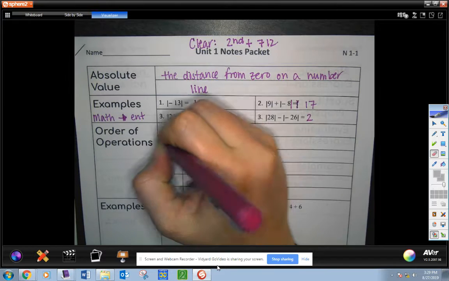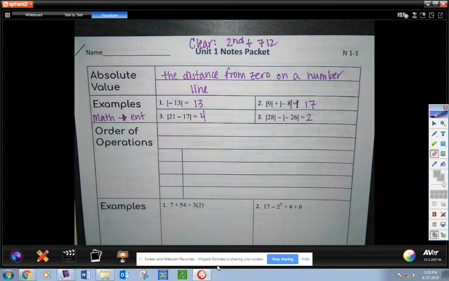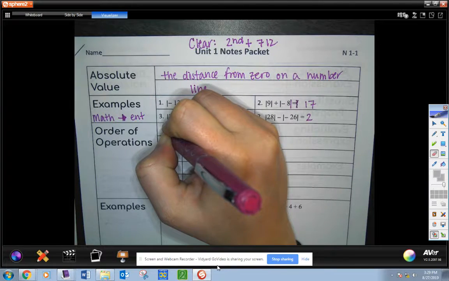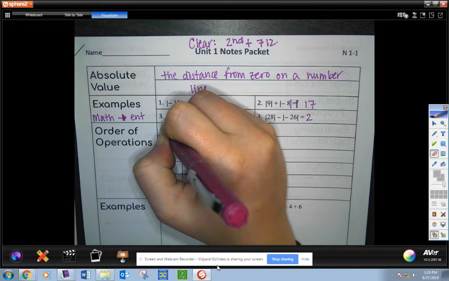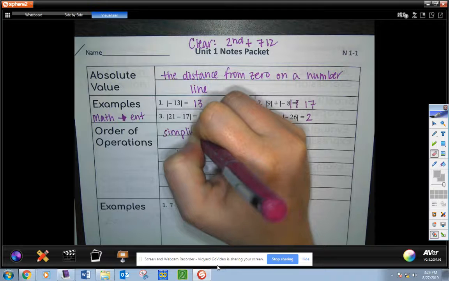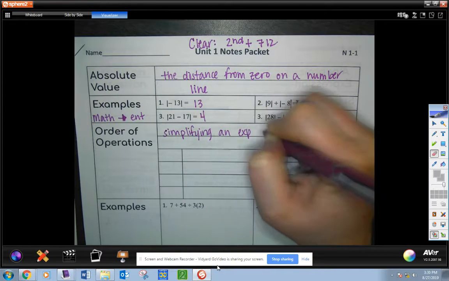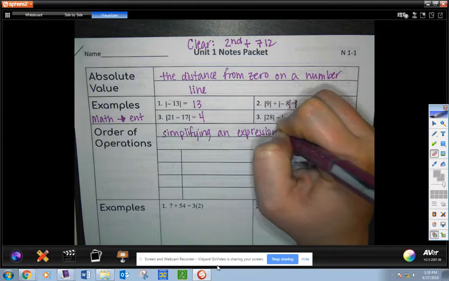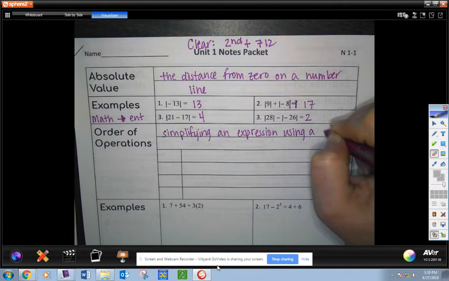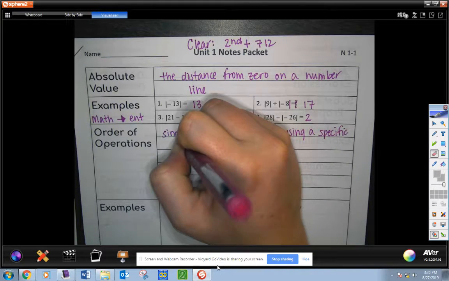Now, the order of operations is simplifying an expression using a specific order.